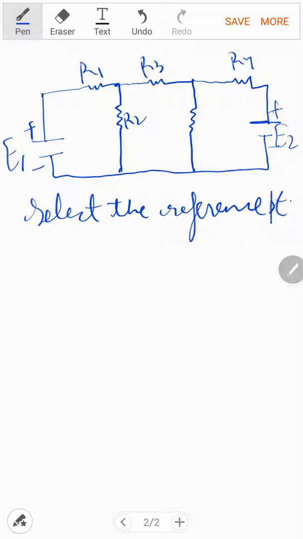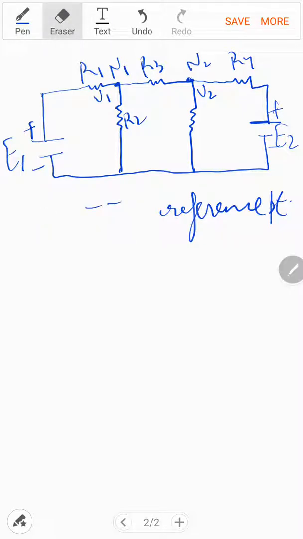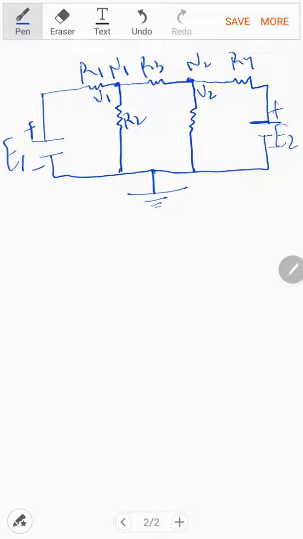We will keep this node 1 at voltage V1 and this node 2 at voltage V2. So this we will select as a reference point, in between node 1 and node 2, and we will ground it, that is, the voltage here is 0.